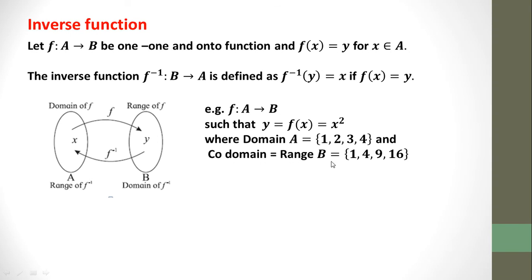Set B contains 4 elements and all 4 elements are images of some elements in set A. That's why this function is one-one as well as onto. So the domain set and the codomain set are important to identify the type of the given function.